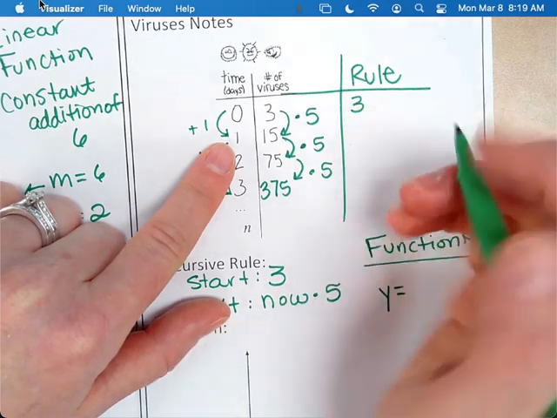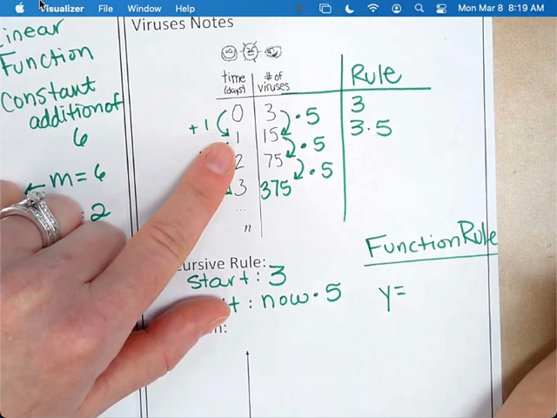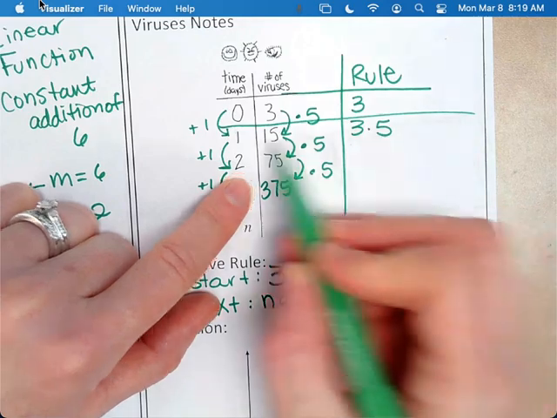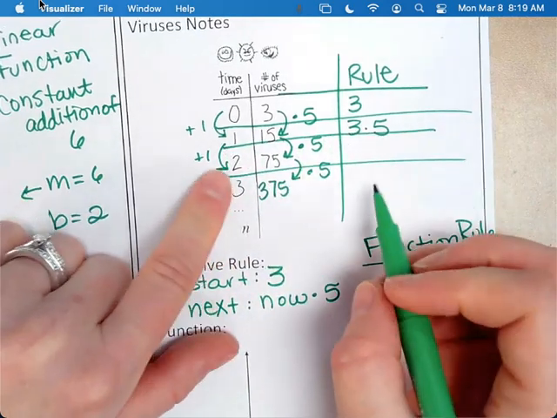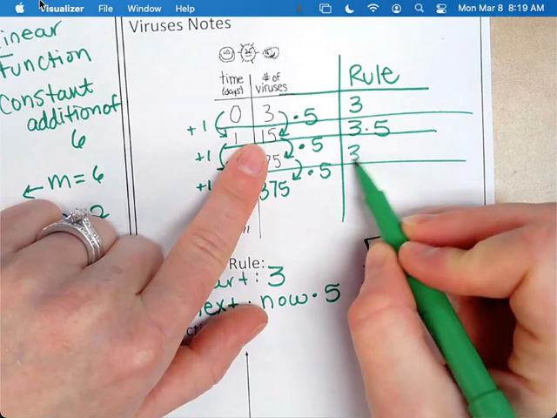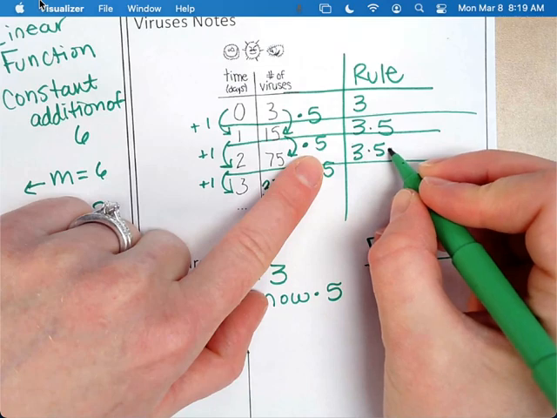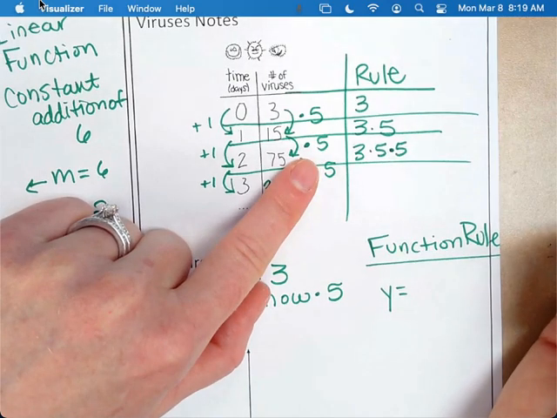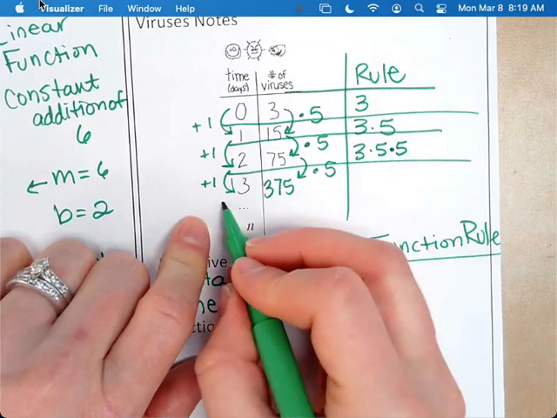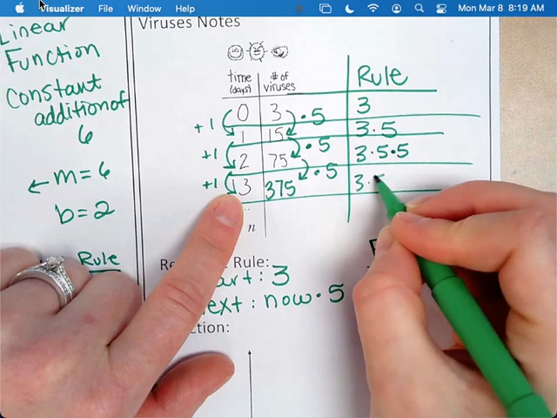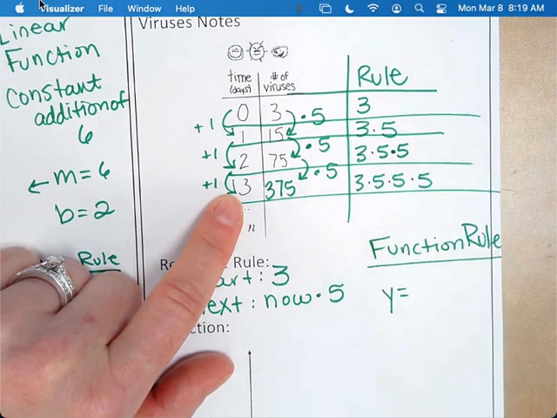We took what we had and we multiplied times 5, right? 5x. Let's look at the next one. What would the next one be? It's whatever the previous was, 3 times 5. And then what did we do to it to get 75? Times 5 again. Remember this? Yeah. Okay. Then what about the next one? It's what we had before, 3 times 5. Times 5 again.